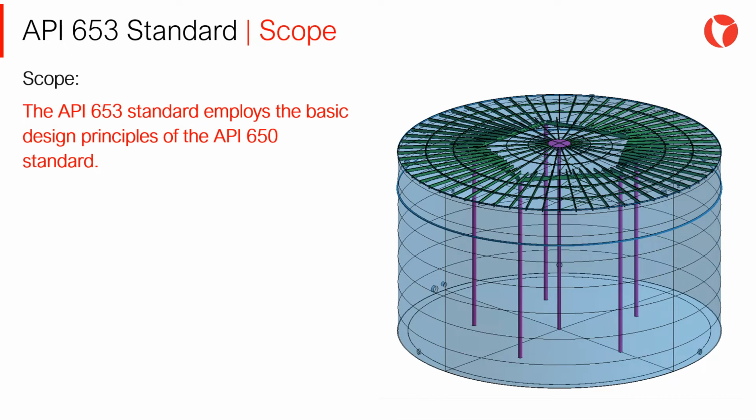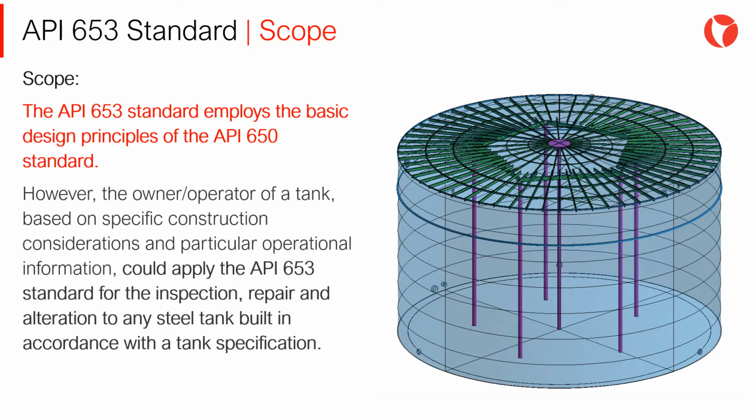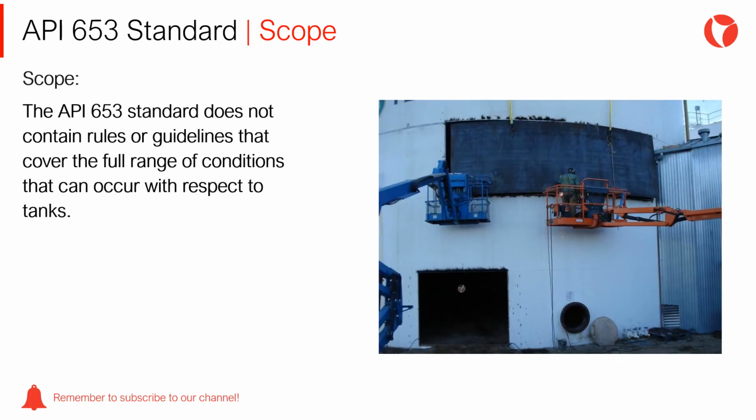The API 653 standard employs the basic design principles of the API 650 standard. However, it could be applied to the inspection, repair, and alteration of any steel tank built in accordance with the tank specification.